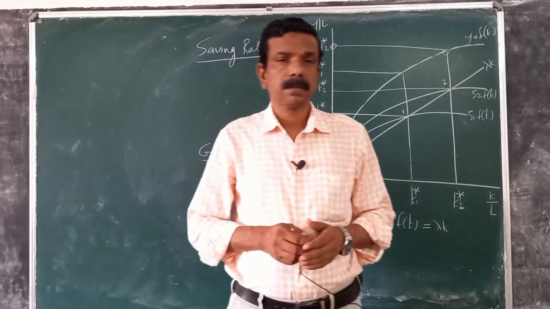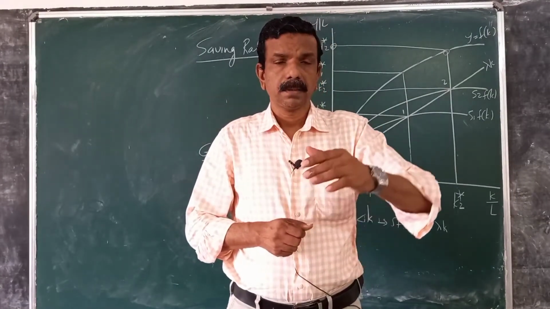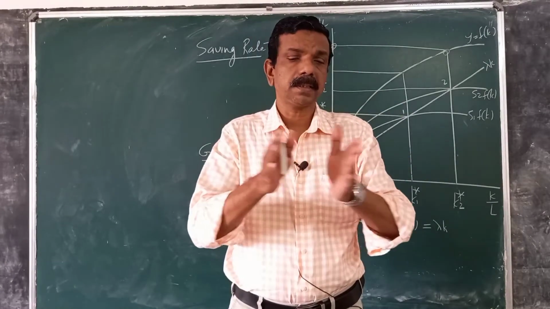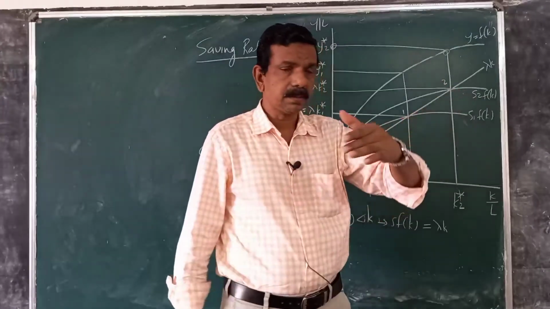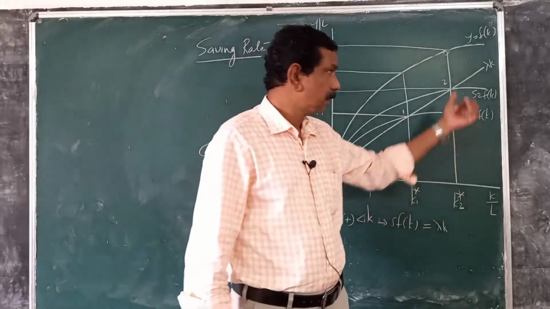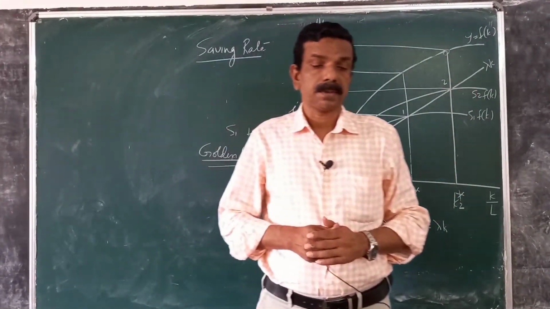So, it is clear from the Solow model that the saving rate is a key determinant of steady state capital stock. Saving rate, and hence investment rate, since saving is assumed to be equal to investment, is a key determinant of steady state capital stock.